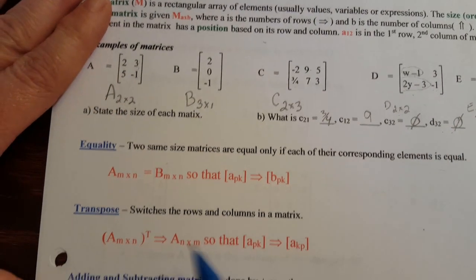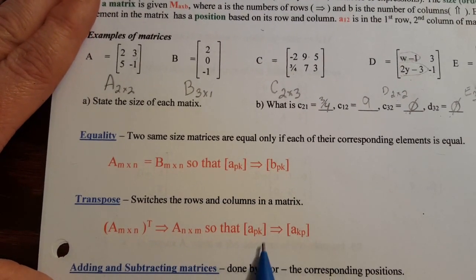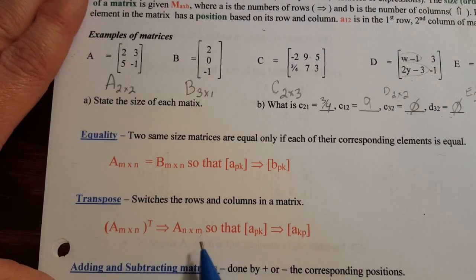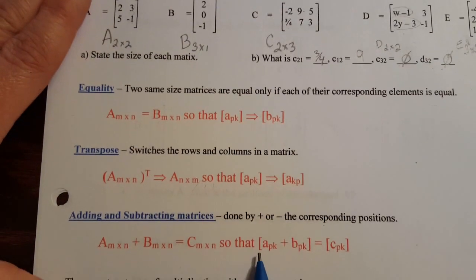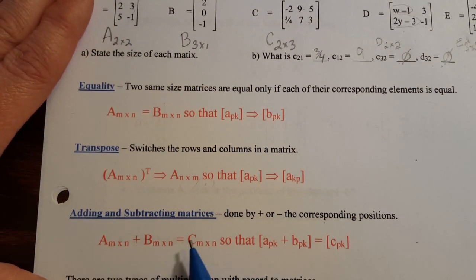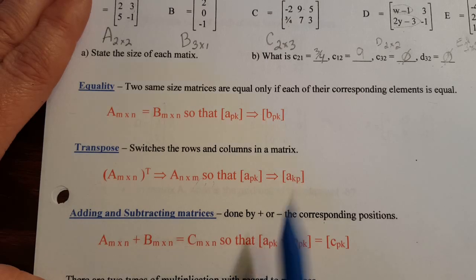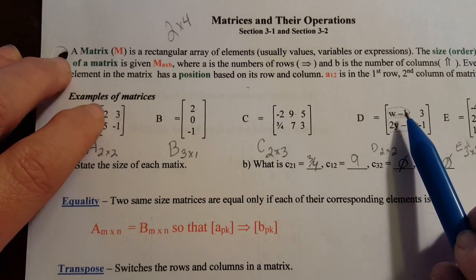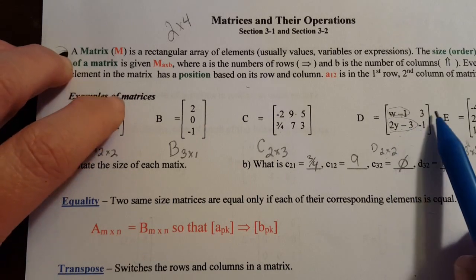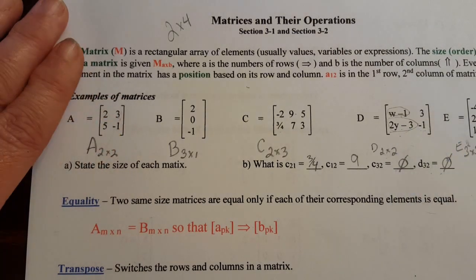When you transpose, you switch rows and columns in a matrix, and this will make more sense when we do them. Adding and subtracting can be done by same positions only. So, for example, these two could be added, these two could be added, these two could be added, and these two could be added.